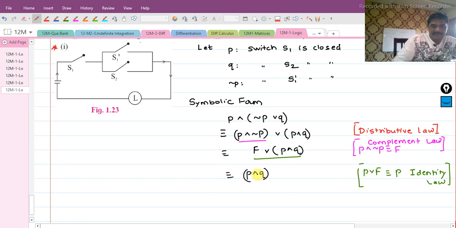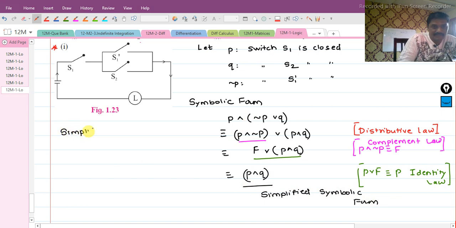So see, this is the simplified symbolic form. And this is equivalent to the given one. Therefore, what is the simplified circuit?